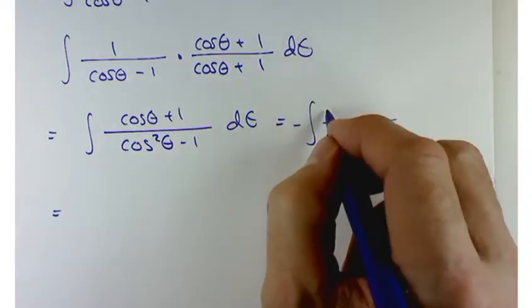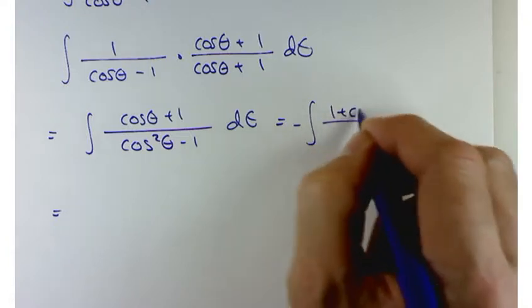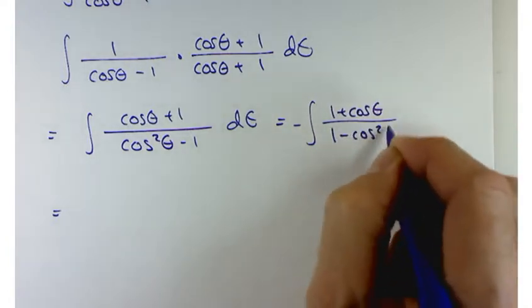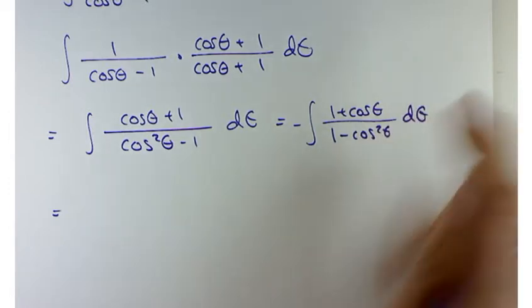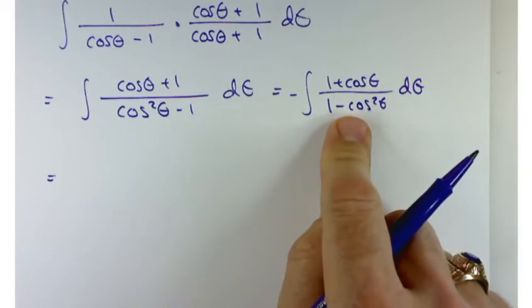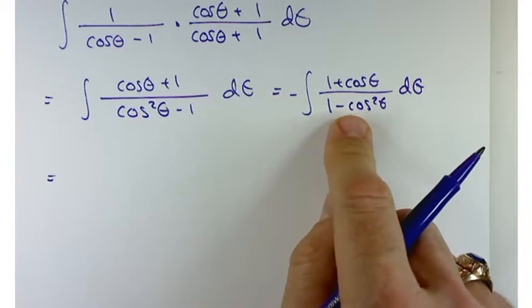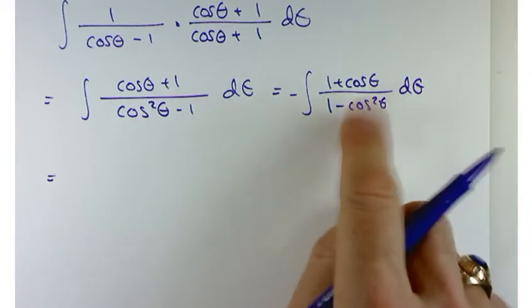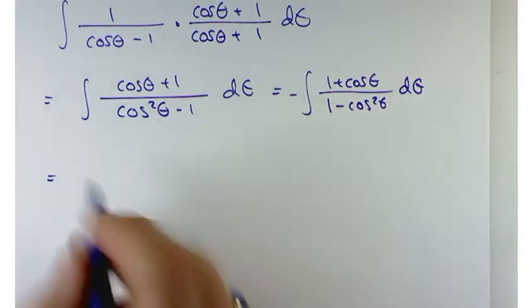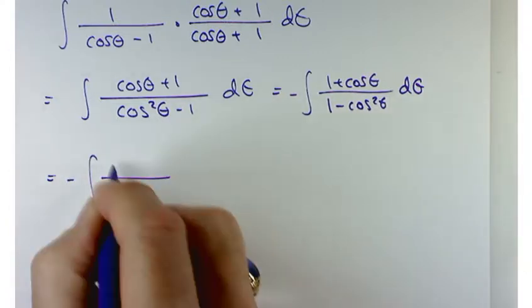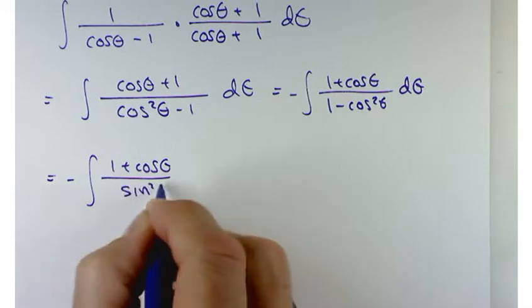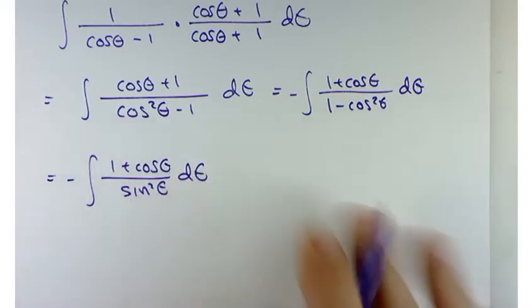So it's going to be the integral of 1 plus cosine of theta over 1 minus cosine squared of theta d theta. Now, does this help at all? Well, yeah, that's sine squared. So 1 plus cosine of theta over sine squared of theta d theta.